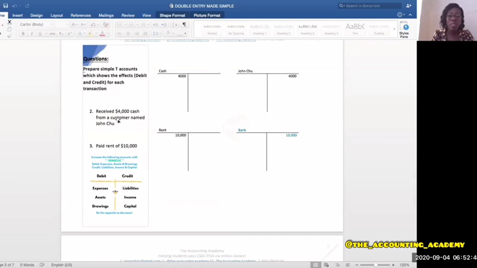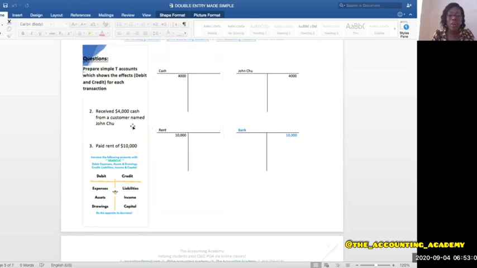And the first question says, receive $4,000 cash from a customer named John Chu. So we receive money from him. That means cash is an asset. If we want to increase cash, all we have to do, according to DEAD CLIC, is debit that asset. So you're going to put the 4,000 under the debit side. Lovely.